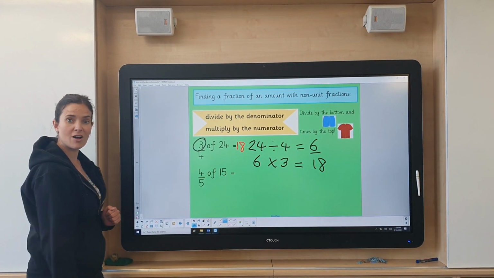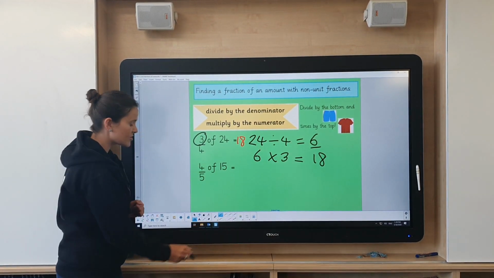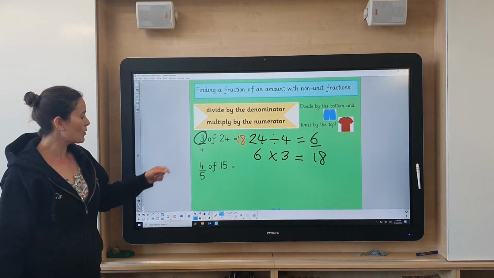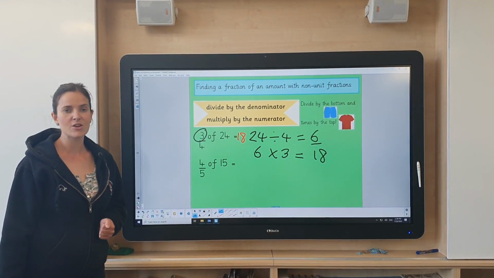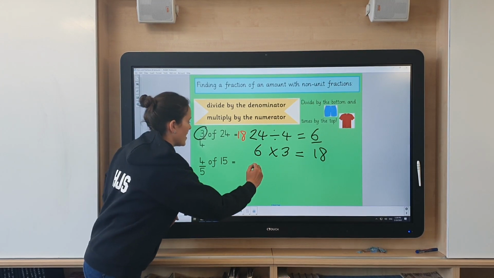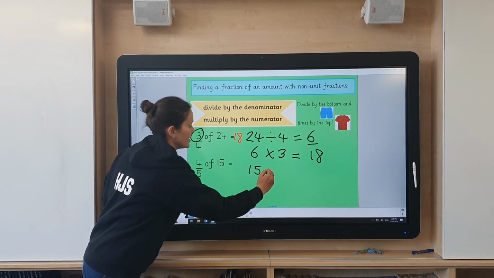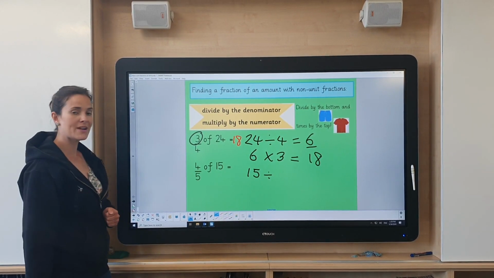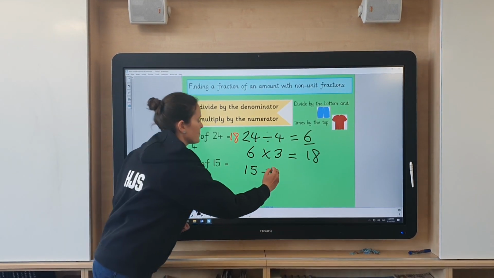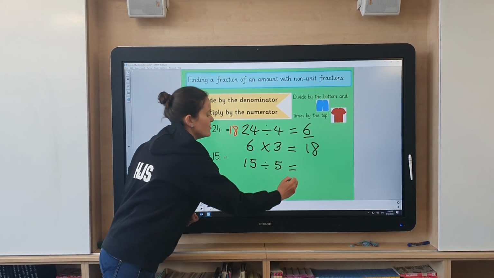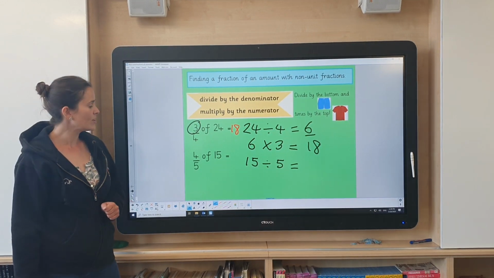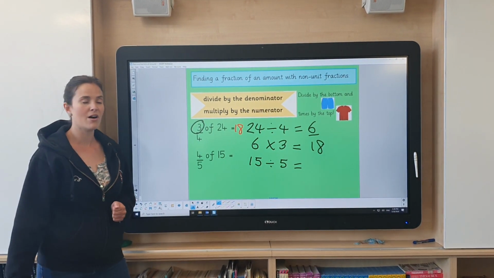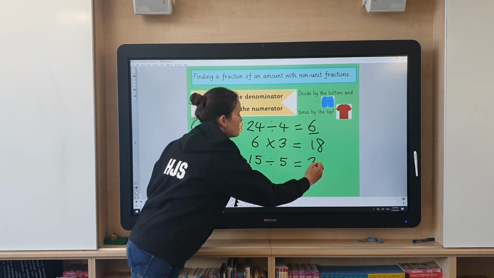We'll go through another example just to make sure you are confident with the method. If we want to find 4/5 of 15, then we divide 15 by the denominator, which is 5. And then knowing our 5 times table, we know that 15 divided by 5 is 3.